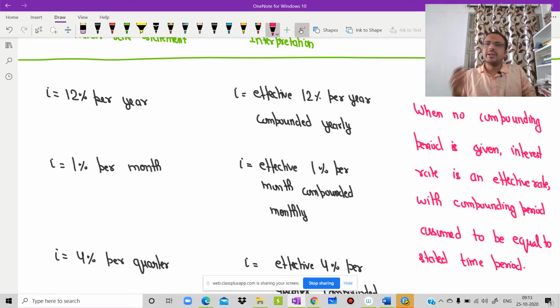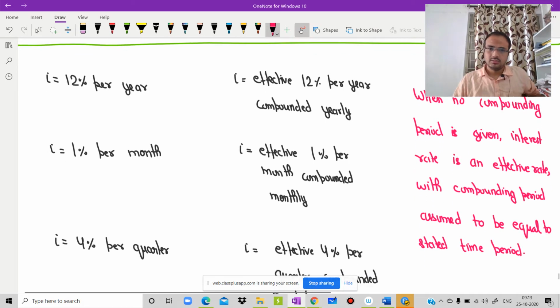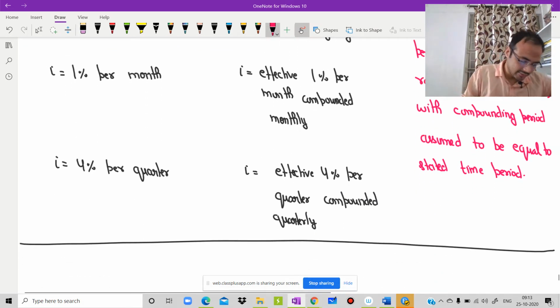Is it clear? That is per year, per month, per 3 months, per 4 months, per 6 months. That should be clear to each and every one.